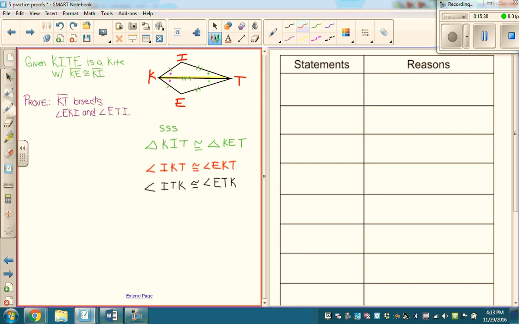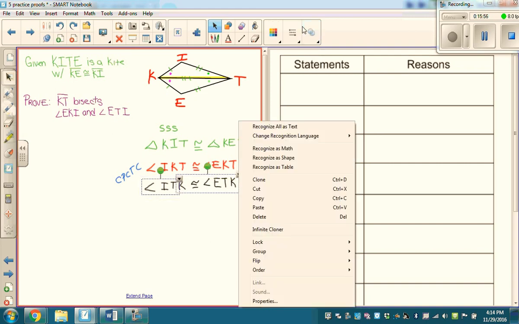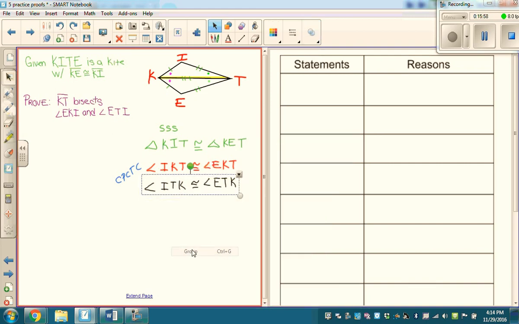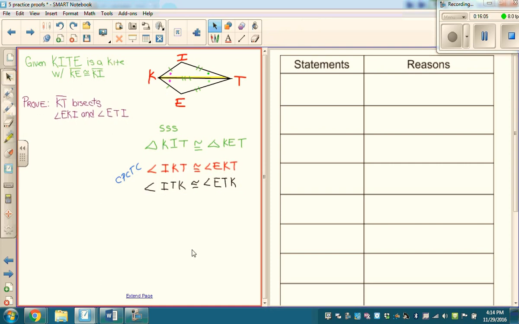And both of those reasons would come from the corresponding parts of congruent triangles being congruent. These two. And so once I know these two statements to be true, this statement and this statement, I'm going to achieve the goal of having an angle bisector.